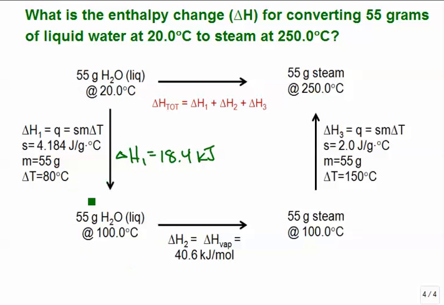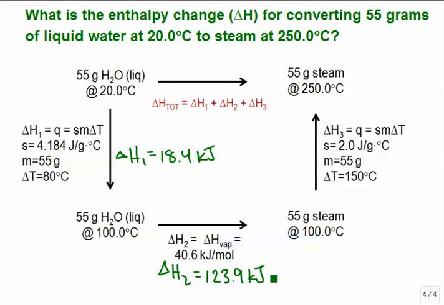Now we're going to take this 55 grams of water at 100 degrees C and vaporize it. Our heat of vaporization tells us that for 1 mole it takes 40.6 kilojoules. So for 55 grams, we convert to moles using our molar mass: 55 divided by 18.02 grams per mole, and multiply that by our heat of vaporization, telling us that delta H2 is equal to 123.9 kilojoules.